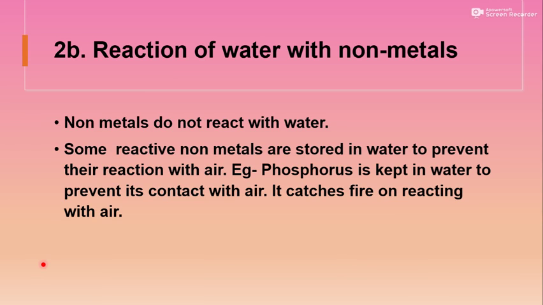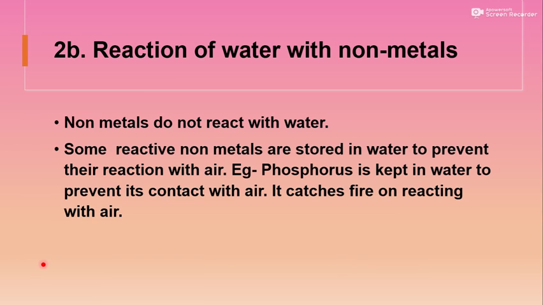So as we had discussed in the previous slide, that metal oxides are basic in nature. We can say non-metal oxides are acidic in nature. What is the conclusion? Non-metals react with oxygen to form non-metallic oxides which are acidic in nature.